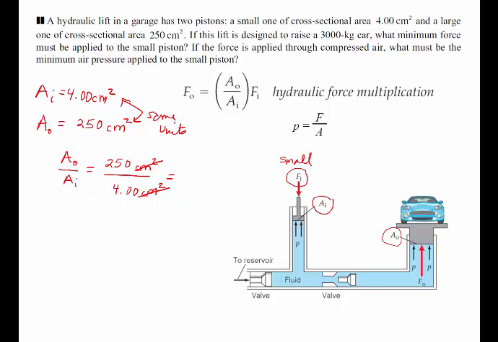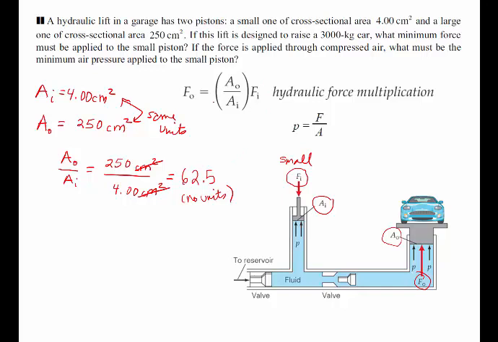That's 62.5, with no units, because my units cancel. What this really means is that the force acting on the hydraulic lift on our car is going to be 62.5 times bigger than the force applied at our smaller piston.